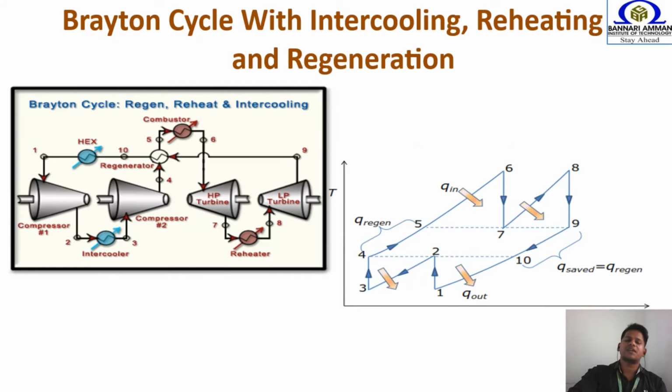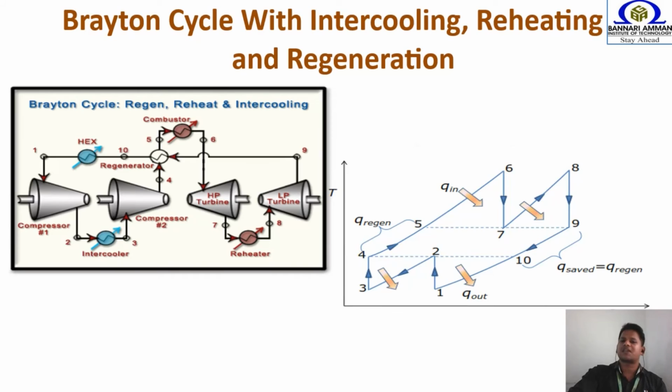After this preheating, we have combustion chamber 1, which is just heating the gas. Again we have the regeneration setup. After the regeneration, we pass this regenerated air to the combustion chamber. After that we have the reheating setup. Instead of a single turbine expanding the gas from 10 bar to 1 bar, here we have two turbines. The first turbine expands the gas from 10 bar to 5 bar.